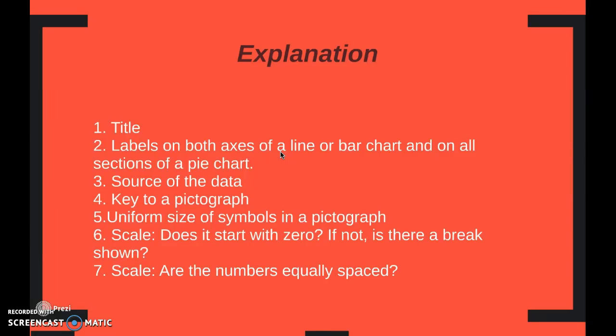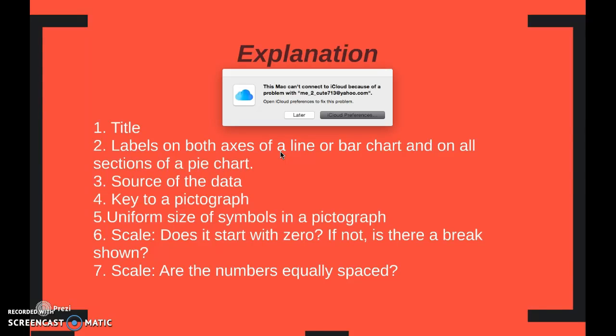We'll take a look at examples and see how data can not start at 0, because all the data that we usually have seen in class starts at 0, right? So we're going to see some advertisements that don't start with 0. And number 7, last, there should be a scale. Are numbers equally spaced, or maybe there's a huge gap, etc.